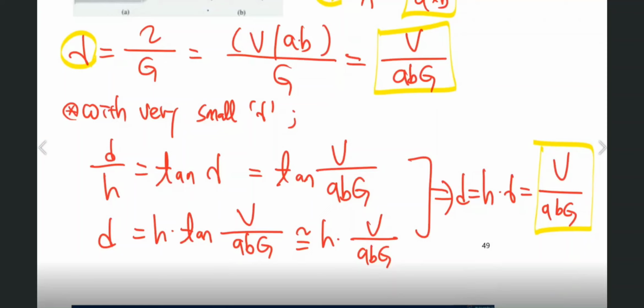So, again, the concept of very small deformation, very small gamma, is important.